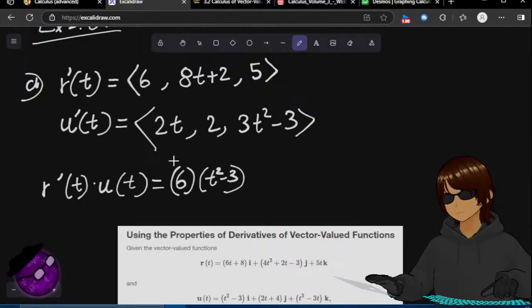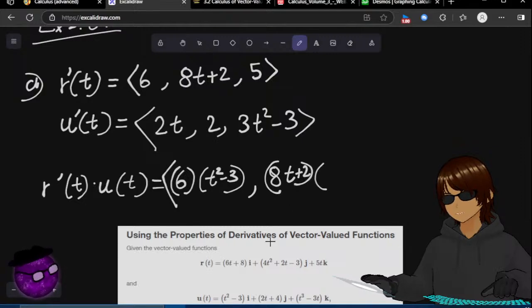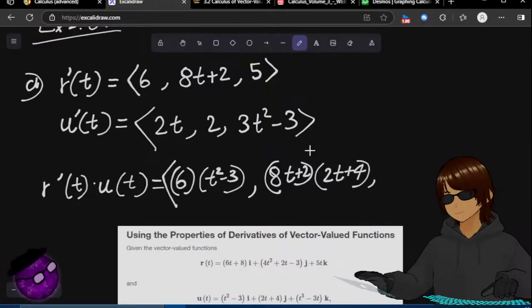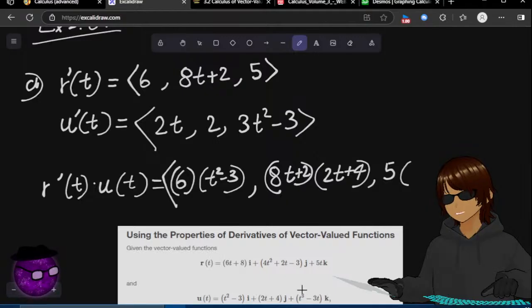So that's the first bit. Eight t plus 2 and then 2t plus 4. And then 5 t cubed minus 3t.